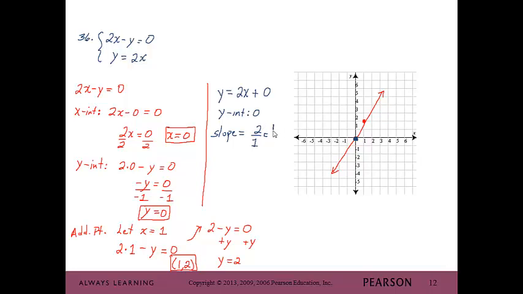So the 2 up top means go up 2. And the 1 on the bottom means go right 1. So starting at the y-intercept, let's go up 2 and then right 1. And again, we see that we fall on the same line. So the solution should be infinitely many.